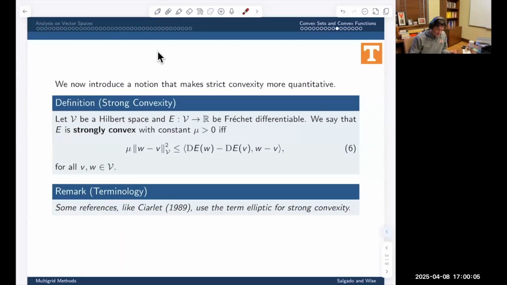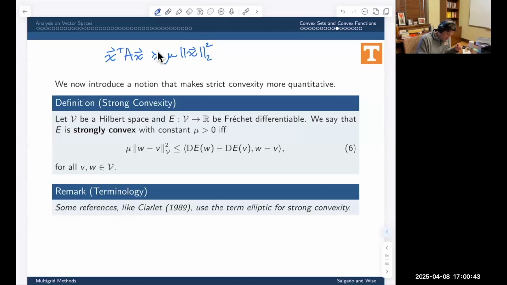So the next notion is a little bit like something that I talked about earlier. It's kind of an analogy. Remember I said earlier that if I have a positive definite matrix, let's say strictly positive definite, then I can show that X transpose AX is greater than or equal to mu times, so this is just in matrices, the 2 norm of X squared.